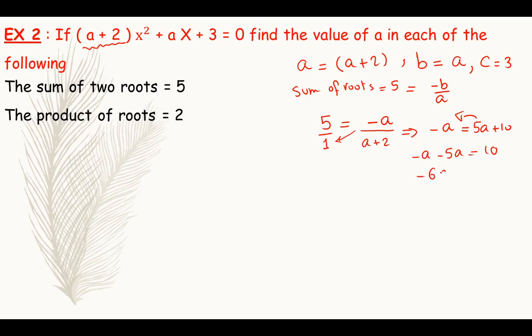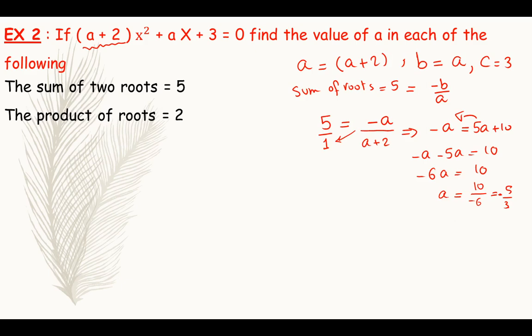So negative 6a will be equal to 10. So a will be equal to 10 over negative 6. Put it in the simplest form, it will be negative 5 over 3. Okay? This is the first case: a equals negative 5 over 3 when the sum of the two roots equals 5.